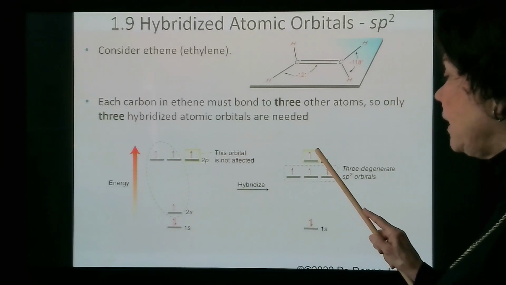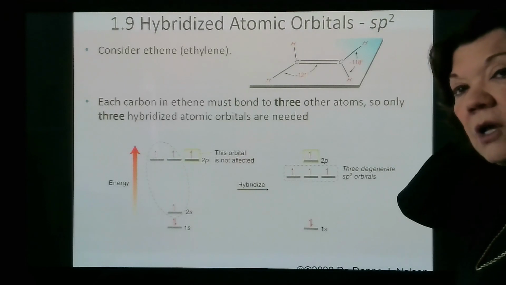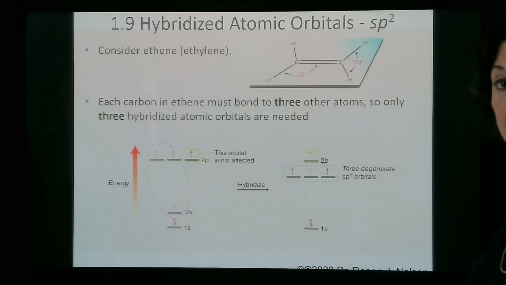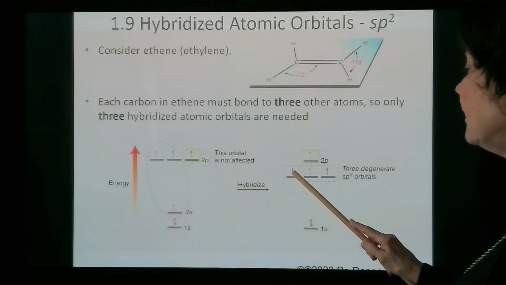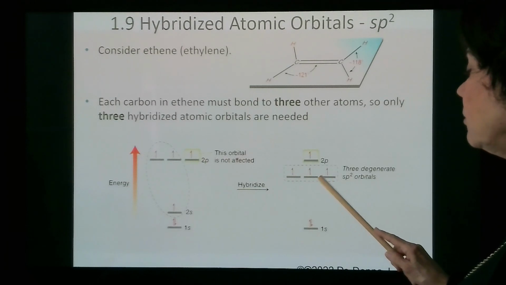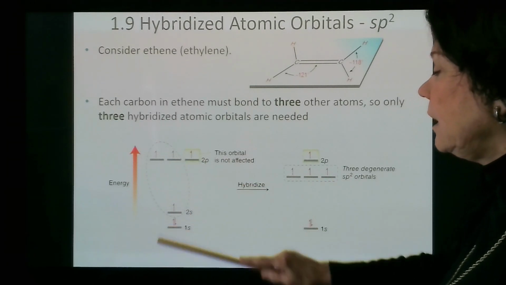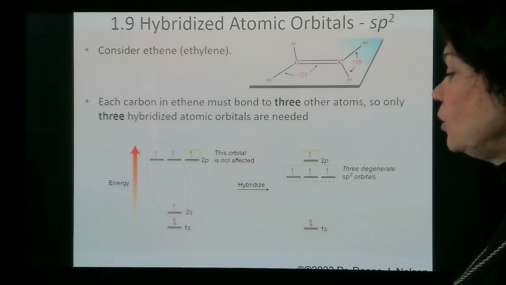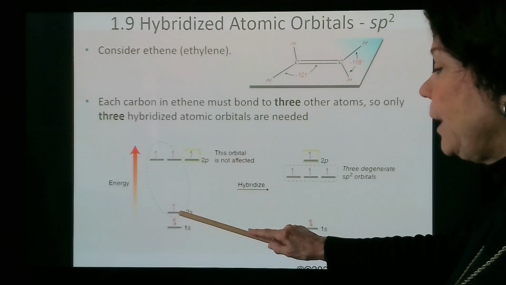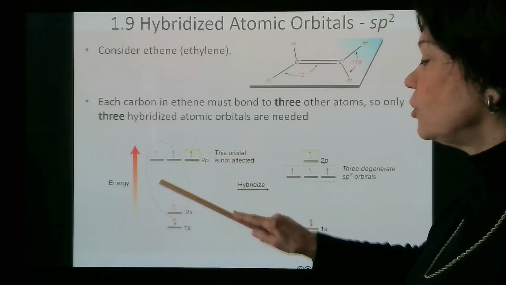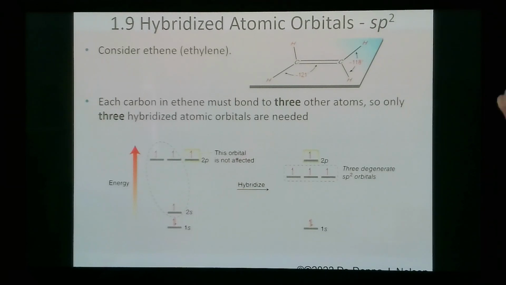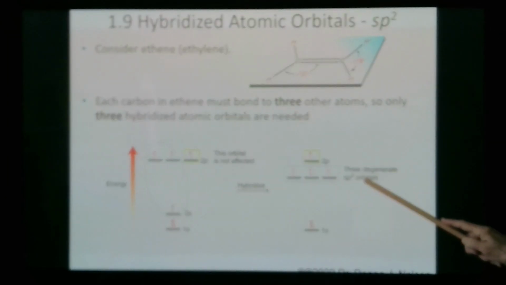One of the p orbitals is a spectator. It's not participating. It's the other 3 orbitals, 1, 2, 3, that are hybridizing, and each of them will be 1 part s and 2 parts p. Hence, they are called sp2 hybridized.